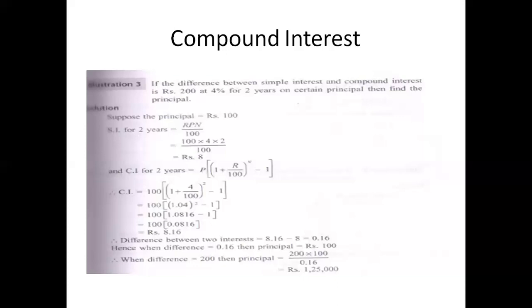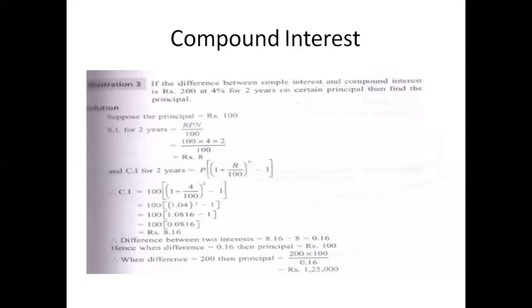Now, as we see in the problem statement, the difference between the two interests, simple and compound, is rupees 200. So when the difference is 0.16, the principal is 100. When the difference is 200, what will be the principal? So 200 into 100 divided by 0.16.